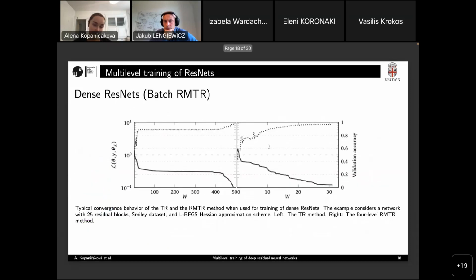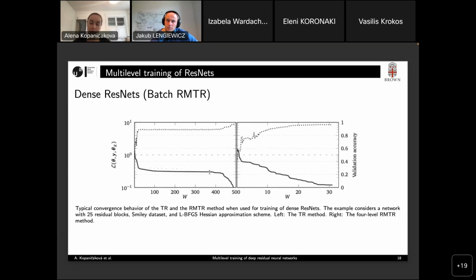Here I just have a simple example of how the prototypical convergence behavior of the single and multi-level trust region method looks for training of these dense ResNets. On the left side, we have the single level trust region method. As you can see, our objective function is initially decreasing, as we would expect. The decrease is monotonic, so everything seems to be working. But then we encounter some region where the decrease in the objective function is very slow.